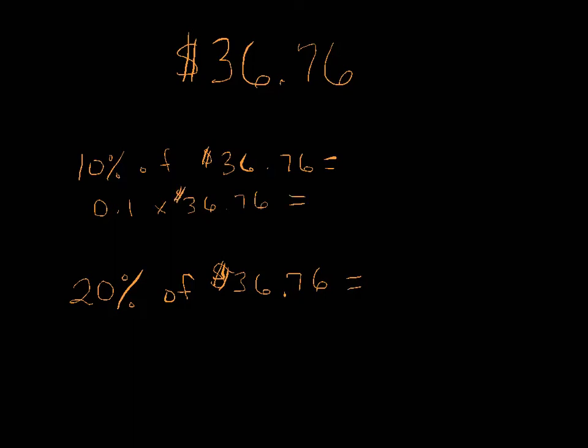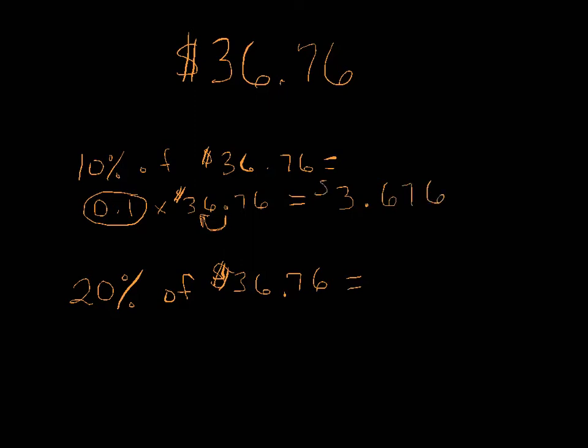All I need to do is take this decimal and sneak it right over here in front. Anytime you're multiplying times 1/10 or 0.1, you move that decimal one place to the left. So if I move that decimal, it would now be between the 3 and the 6 and 76.